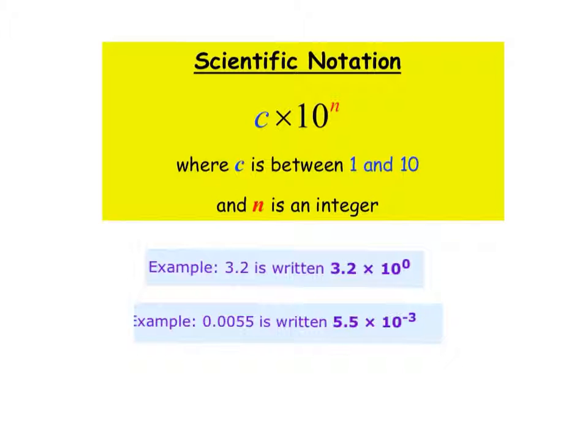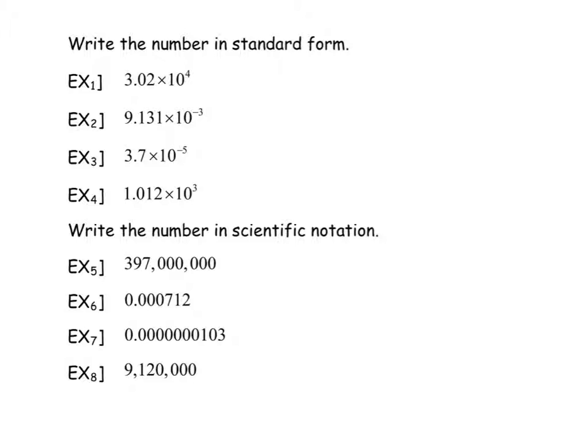So let's practice writing these in scientific notation. So you want to write these down. The first example, we're going to write this in standard form. So that means the exponent tells me how many places to move my decimal. Since it's a positive exponent, I'm going to move my decimal to the right.